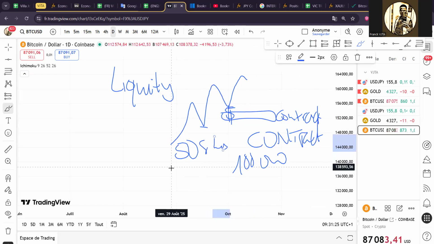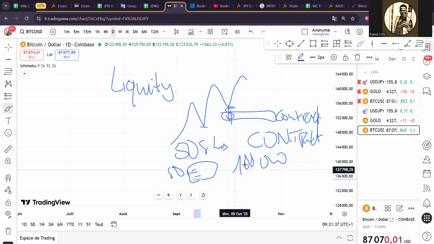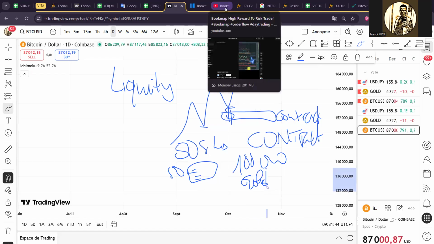They will give you 50 receipts, one receipt for each shoe. Those receipts prove that you have bought those shoes. It's the same thing for gold, or for USDJPY, 1,000 contracts shows the number of buyers.